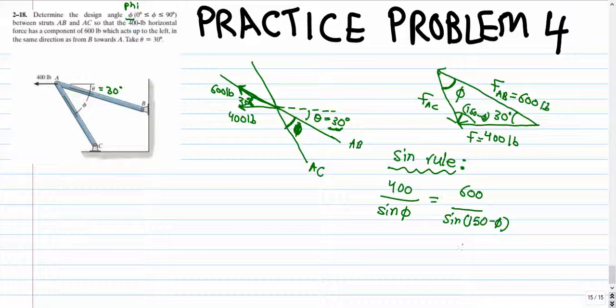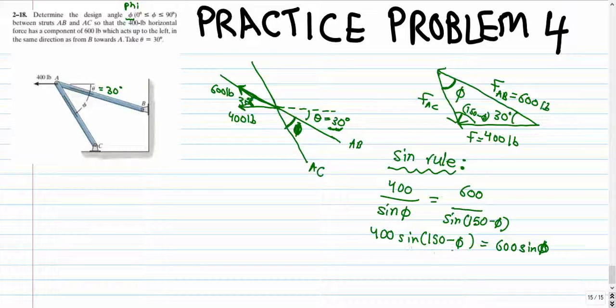Alright, so let's just evaluate this equation. 400 sine of 150 minus phi is equal to 600 sine of phi. Now we have a compound sine right here, which means that it's the difference between two angles.